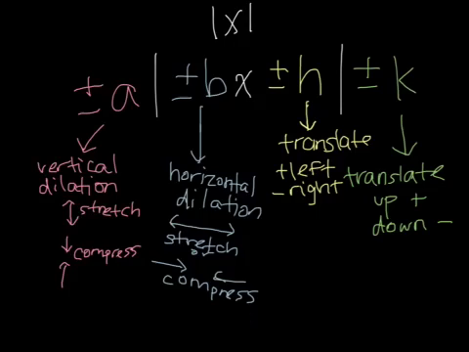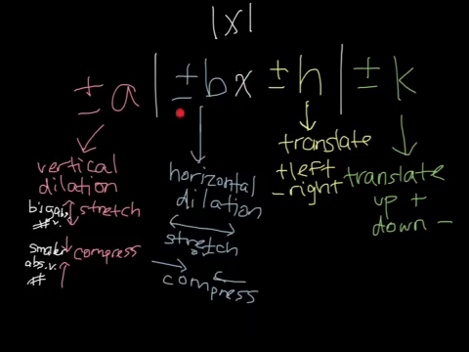The bigger the absolute value of the number is, the more you're going to stretch it. The smaller it is, the more you compress it. If it's negative, that's just talking about flipping it, so you're reflecting it over the x-axis.